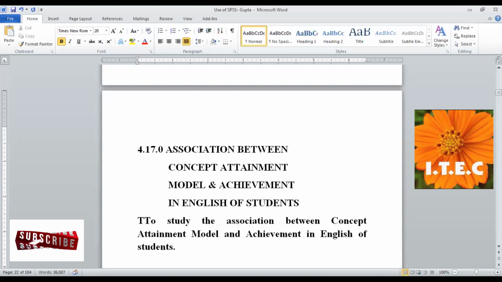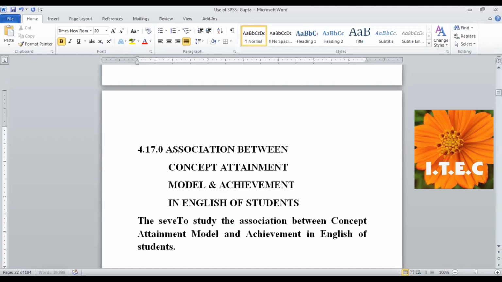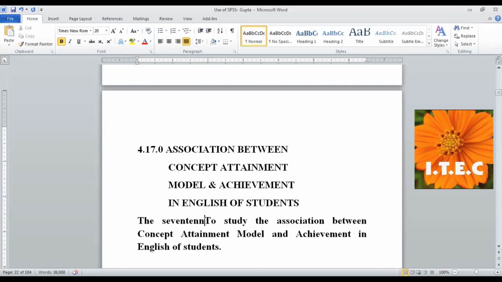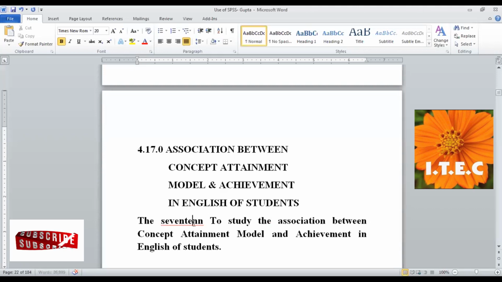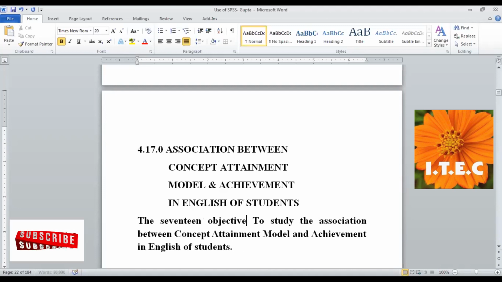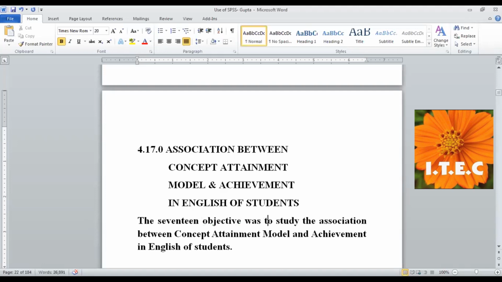Then I'll say the 4.17 objective was to study the association between concept attainment model and achievement in English of students.